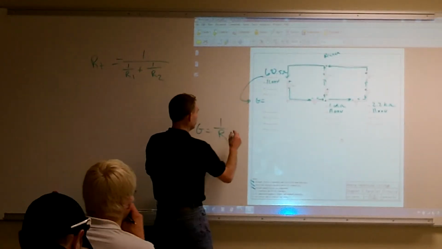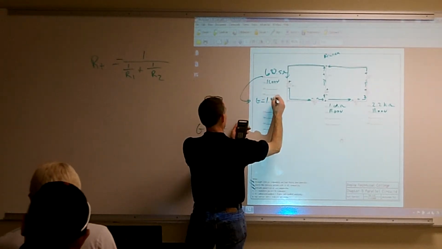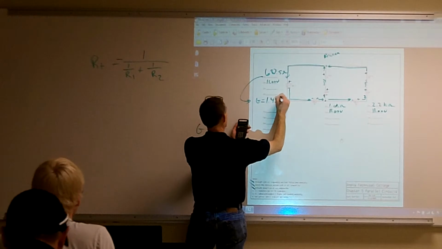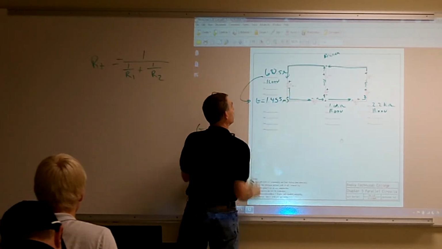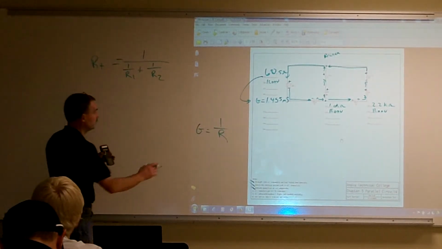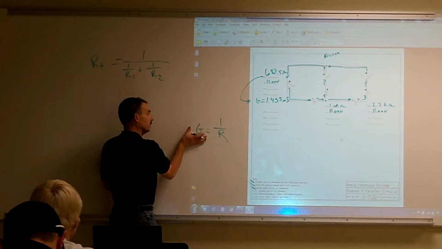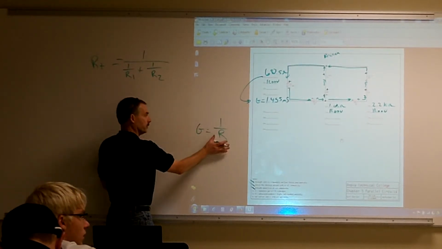And then I would get 1.455 millisiemens. Okay? So is my conductance directly proportional or inversely proportional to my resistance?